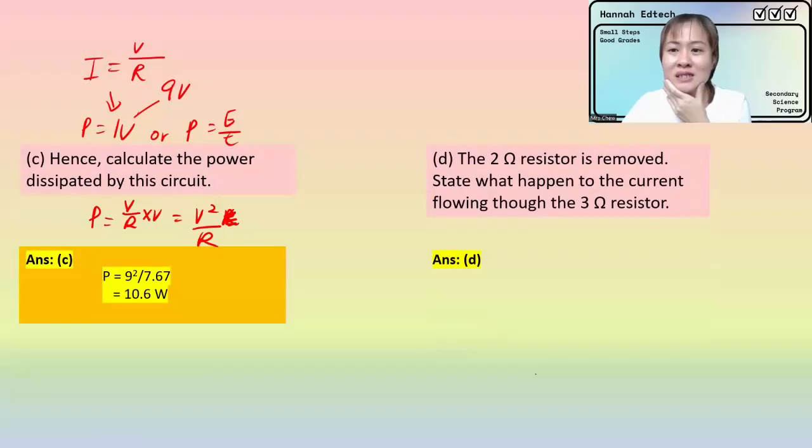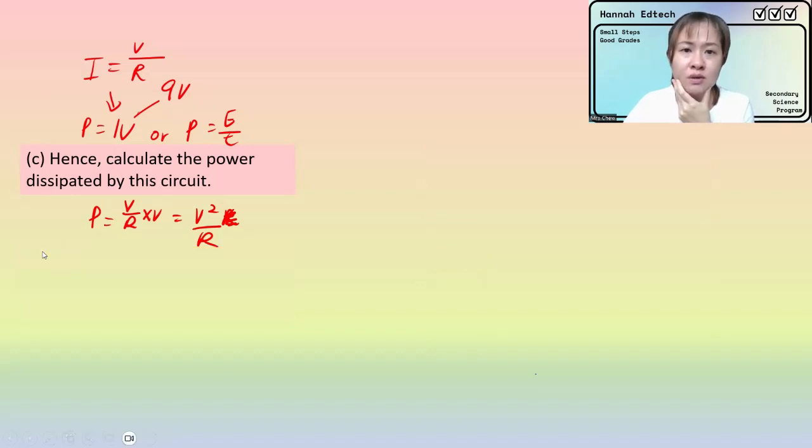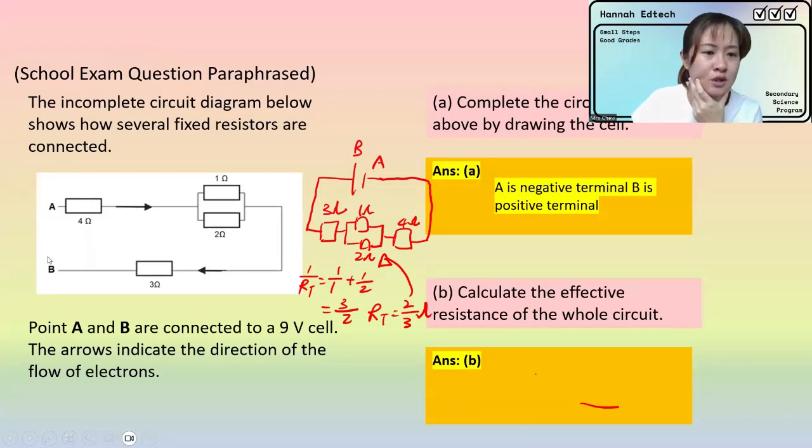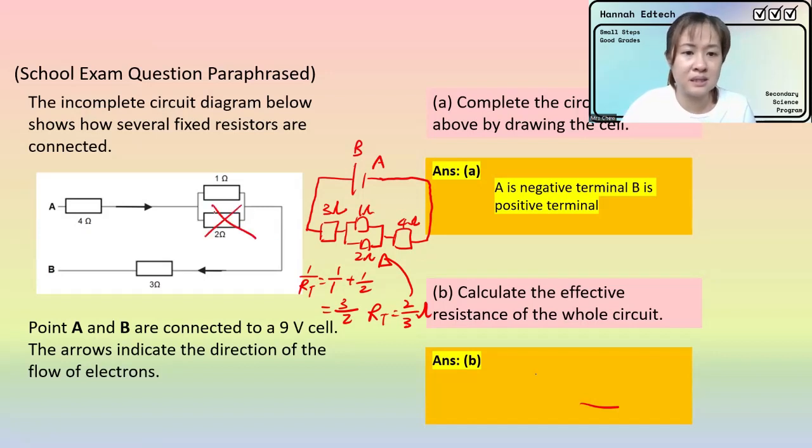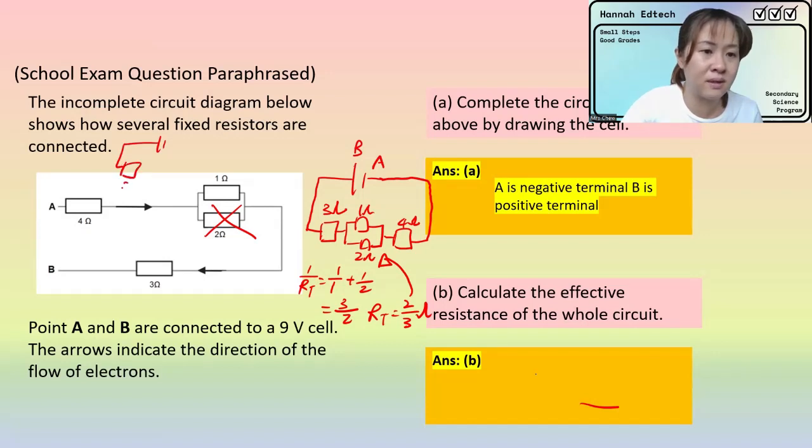D, the 2 ohm resistor is removed. State what happens to the current flowing through the 3 ohm resistor. Let's go back and take a look. Where is the 2 ohm resistor and where is the 3 ohm resistor? So the 2 ohm resistor is removed. So when this is removed, you will actually have a very beautiful series circuit.